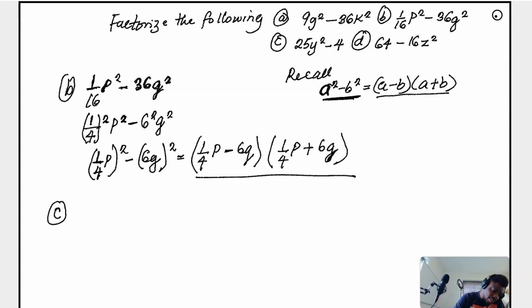Let's take C, 25y squared minus 4. Okay, so remember here, you want to express this as a difference of two squares. So this is the same as 5 squared y squared, right? 4 can be 2 squared.